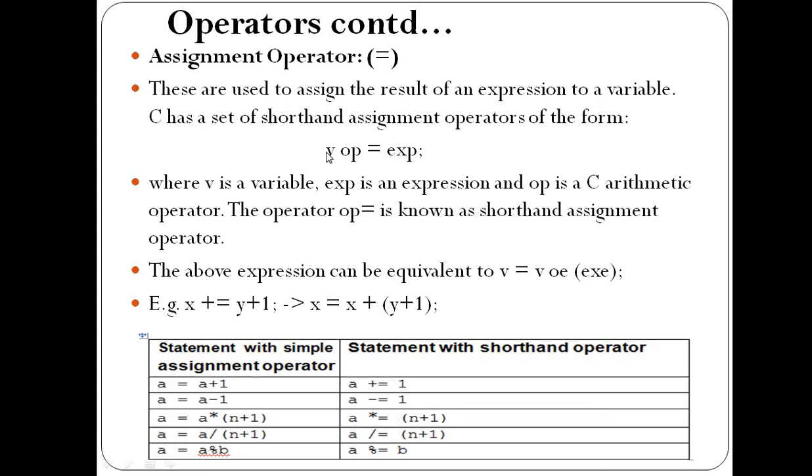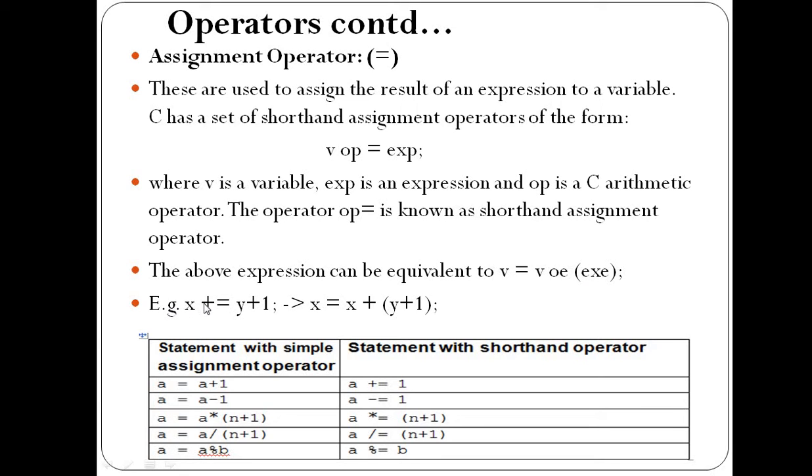So what is the basic syntax? V OP = EXP, where V is a variable, EXP is an expression, and OP is a C arithmetic operator. The operator OP = is known as the shorthand assignment operator. The above expression is equivalent to V = V OP EXP.